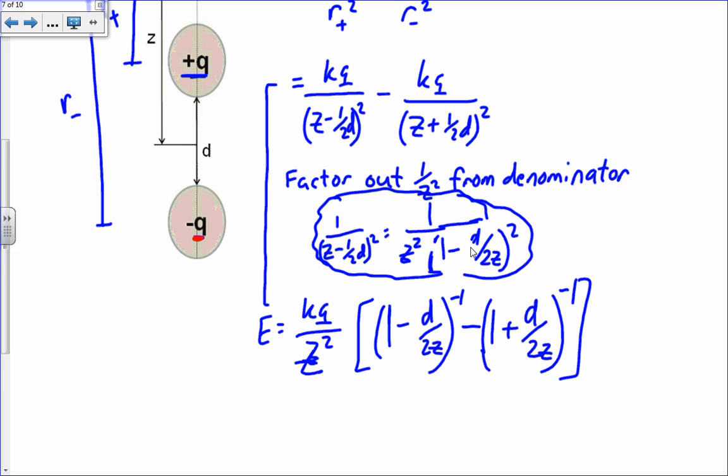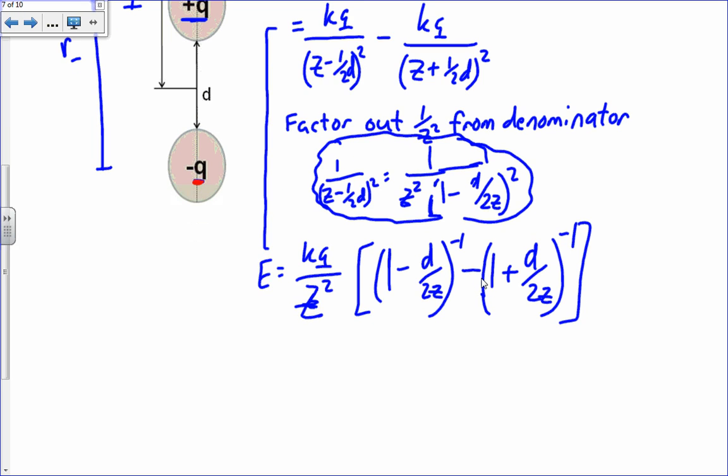All right. So now, as I said, that might not be obvious to you why we would do that, but we can make this substitution using the binomial theorem when Z is much, much greater than D. That is, you're much farther away than the two particles are close together.